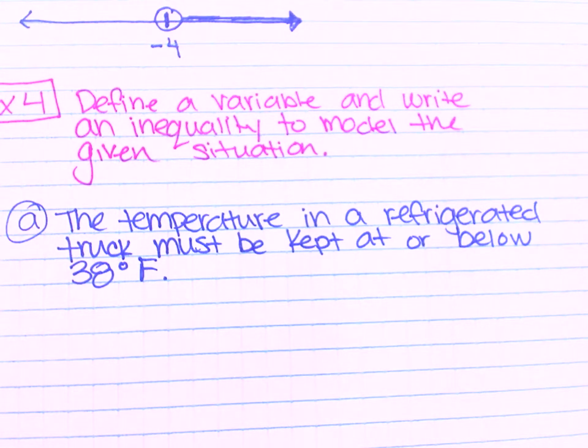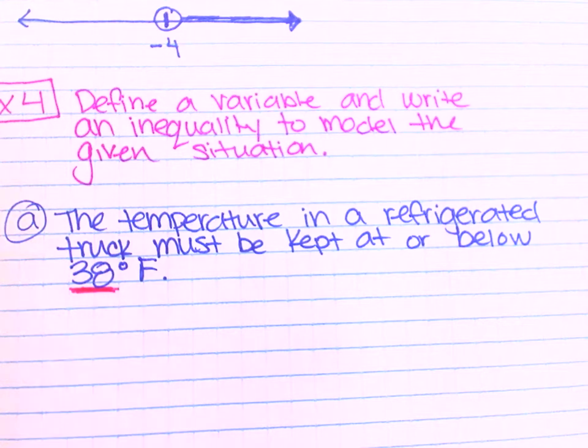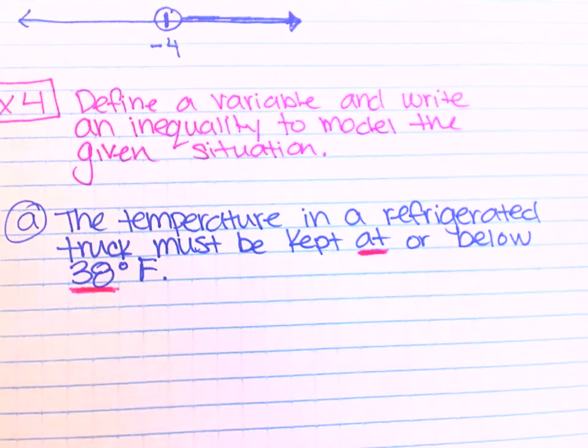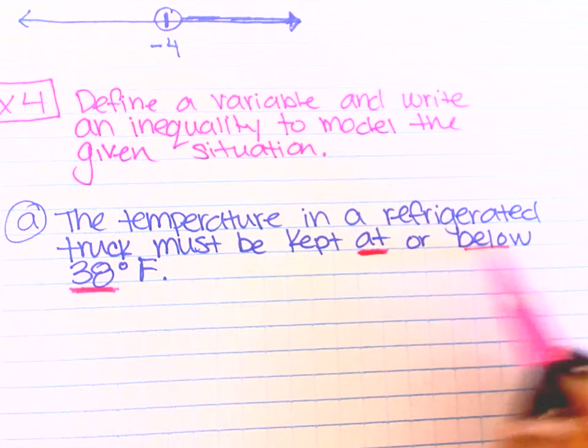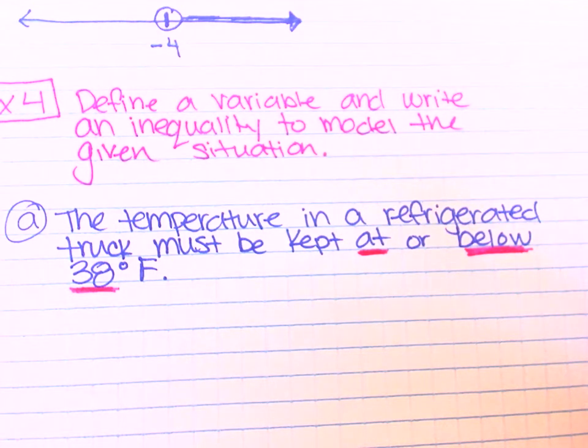So I know in my word problem that it's important for me to know the number. So 38 is going to be our number, right there. I also need to figure out if it's going to be greater than, less than, or equal to. Well, it says it's kept at, which means at a certain temperature, so at 38 degrees, or below it. The word below, I know means less than.